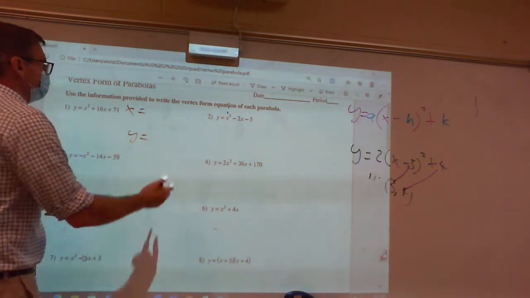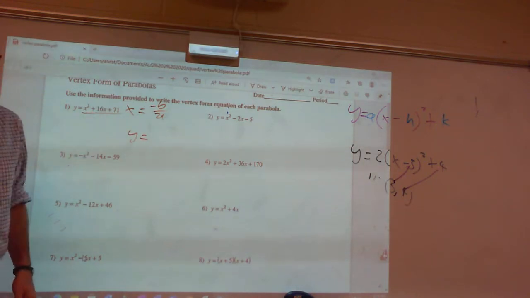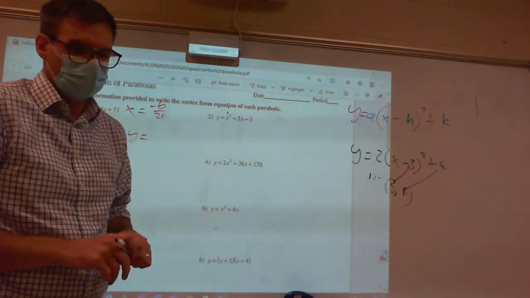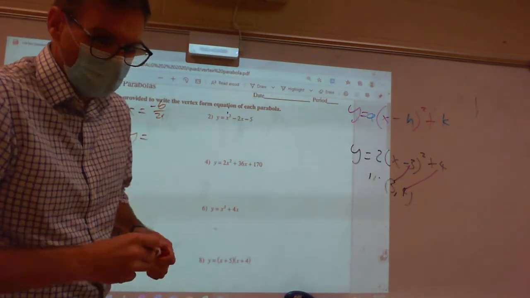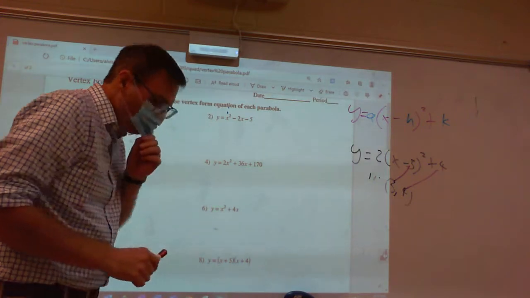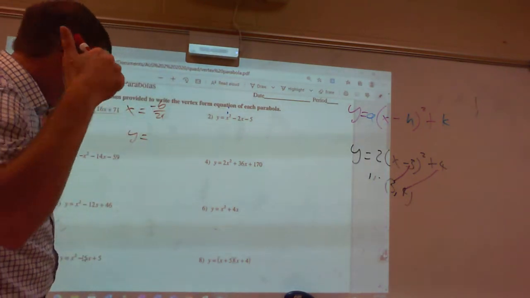And the x part we had was negative b over 2a. So for question 1, I want you to find the x part of the vertex, and when you find it, do the electronic raise your hand. Yay, all right.